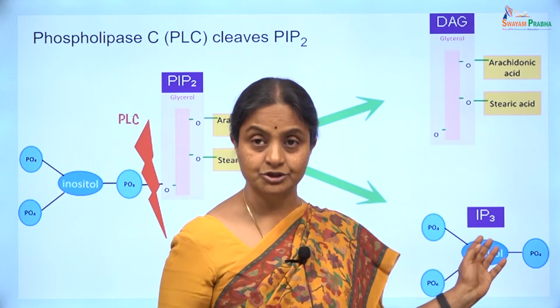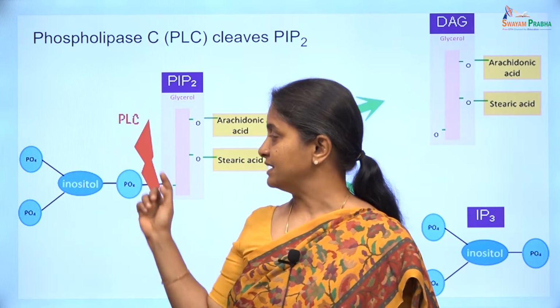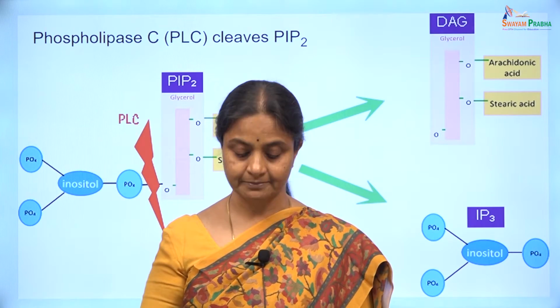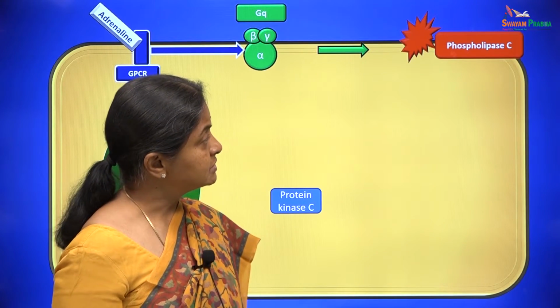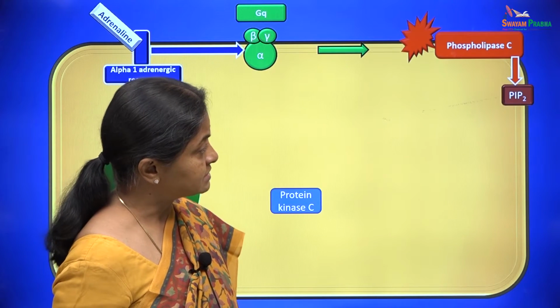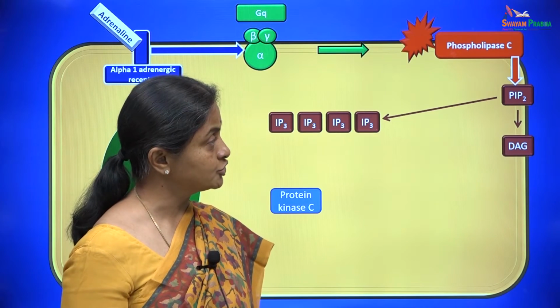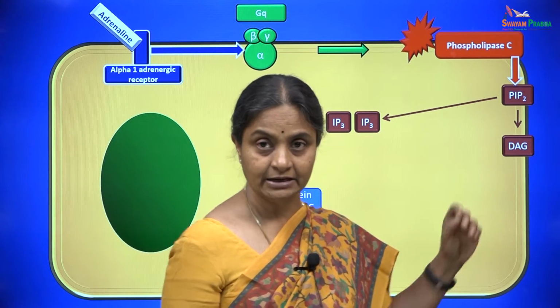These are the two compounds we get when phospholipase C cleaves this membrane phospholipid. So that's what happens. Phospholipase C cleaves PIP2, phosphatidyl inositol bisphosphate, into inositol triphosphate and diacyl glycerol.